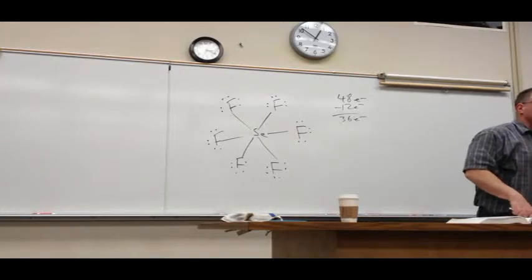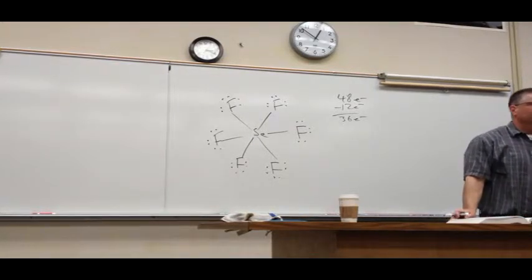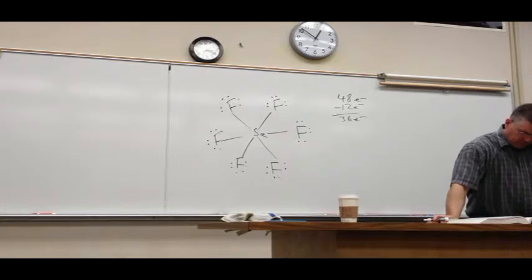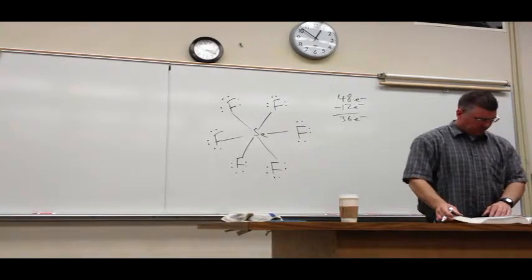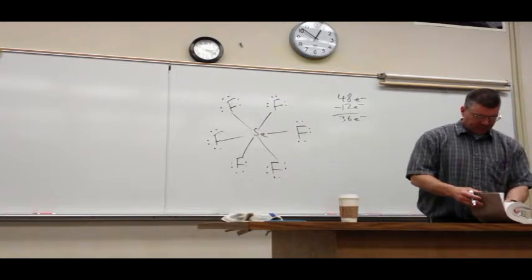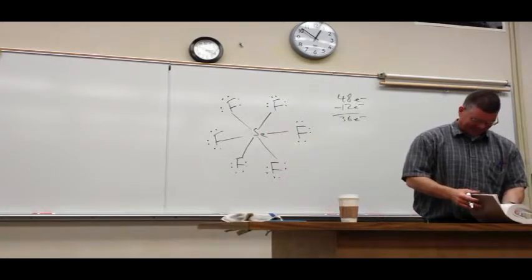You wanted something that was less. No, I think the answer in the back said 1 and 2. No, it can't be for selenium hexafluoride. So it says 6 and 8, and part A says 1 and 2. Exactly 90. Okay, I believe you. I'm going to look at it.